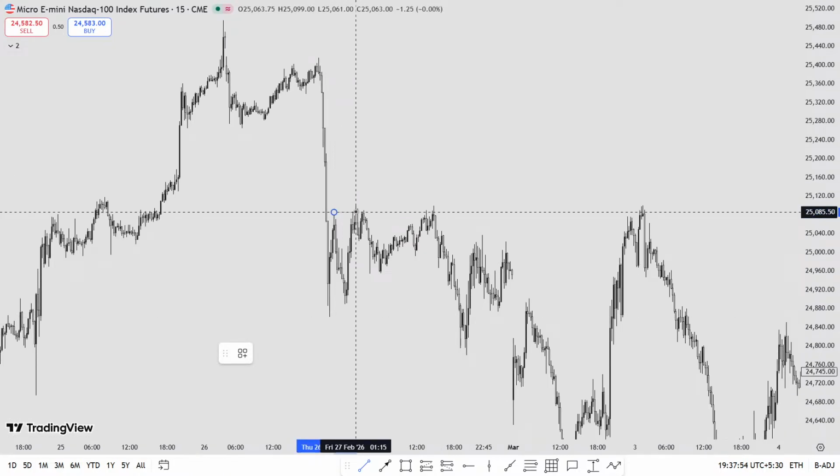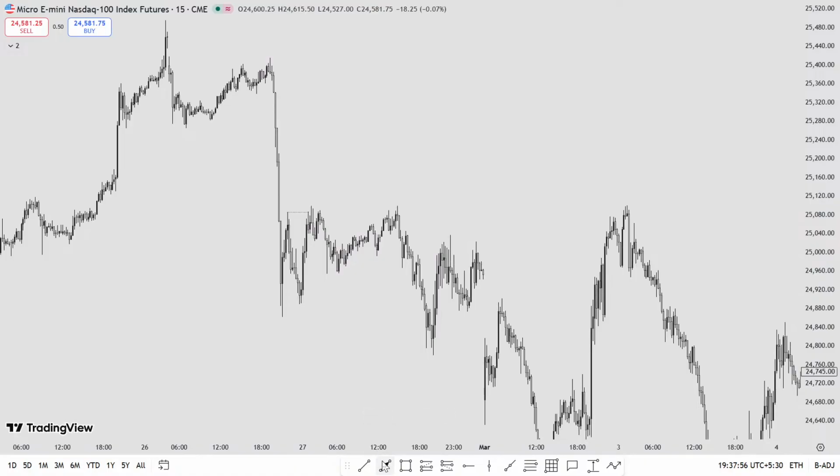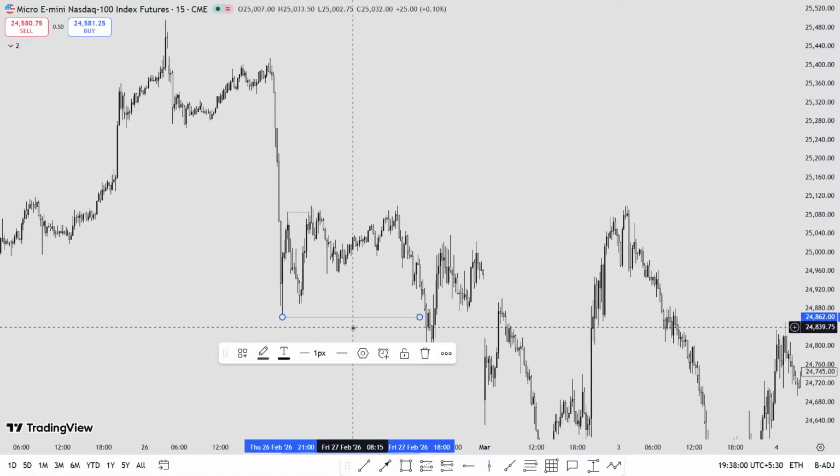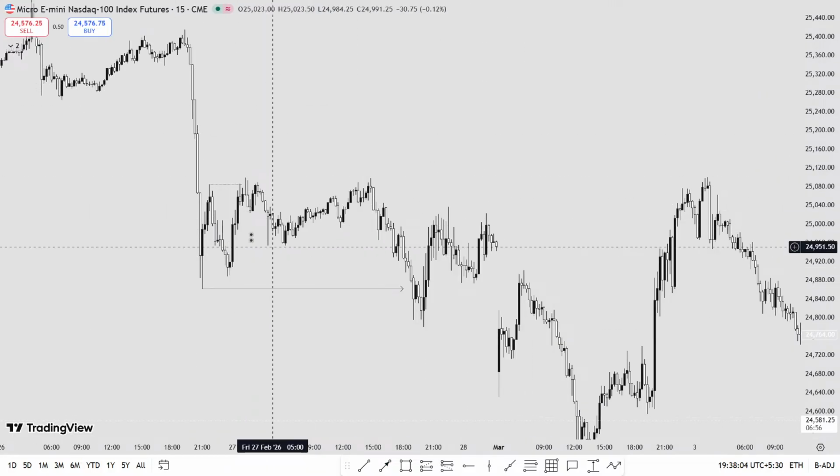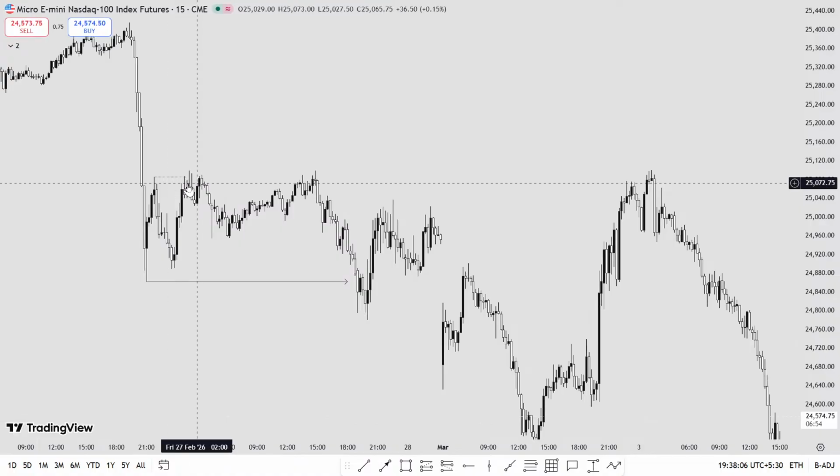So there wasn't a proper zone for liquidity zone.